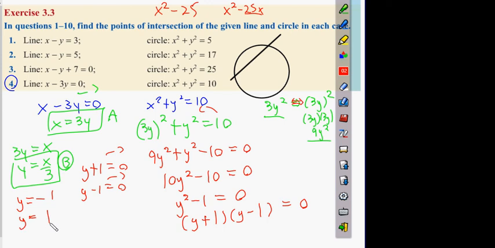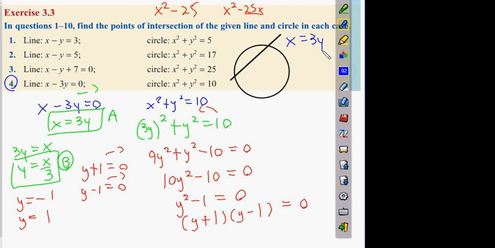Once we've done that, what we're going to do next is figure out what x is. How would you figure out what x is? Sub it back in. x equals 3y.